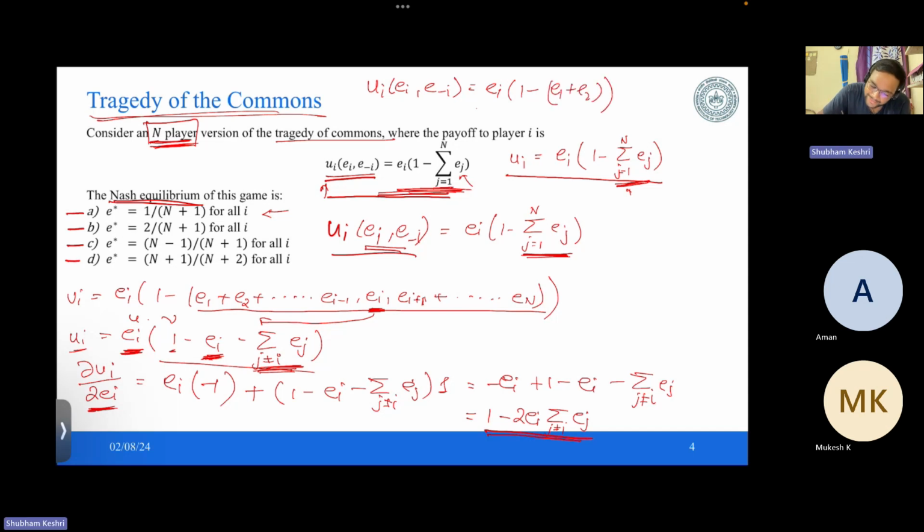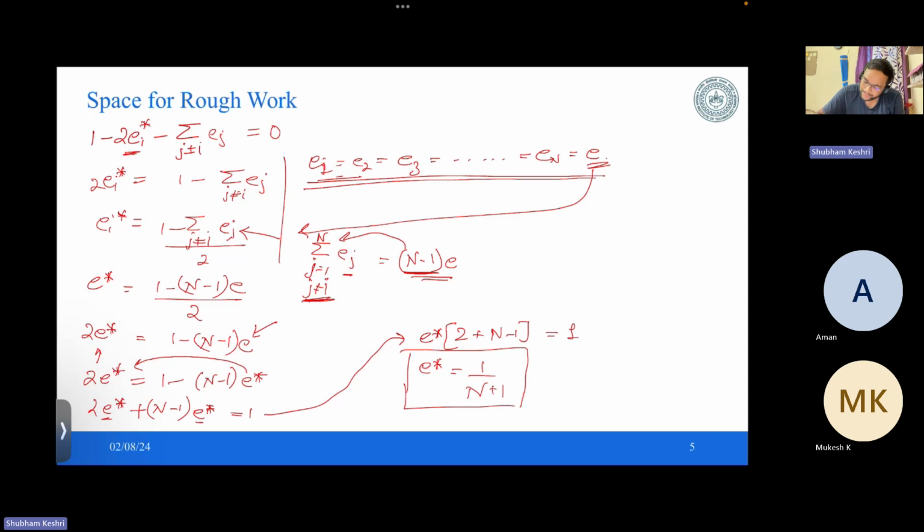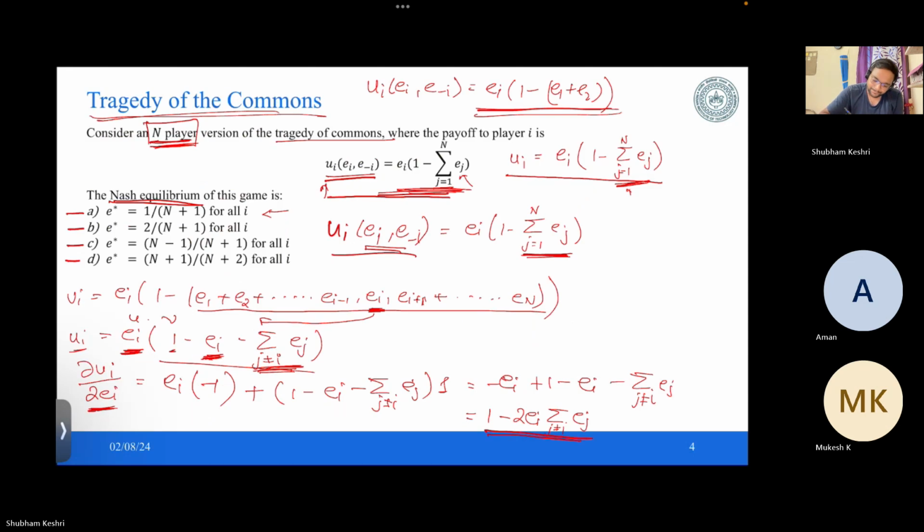So this is the exact problem which the professor has discussed in the class. I had just extended this problem to n players, and therefore we have obtained the Nash equilibrium for this problem. And the Nash equilibrium for this problem is this expression, when all the players are playing the same response, which is 1 by (n plus 1). So this is the solution. This is the answer. All right.